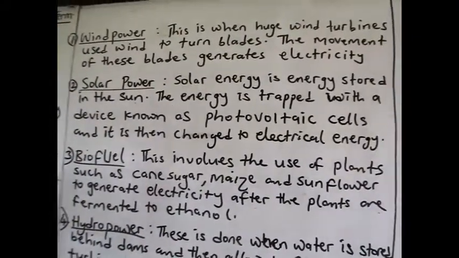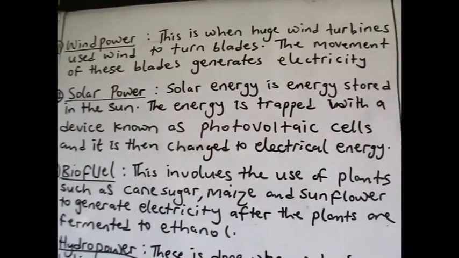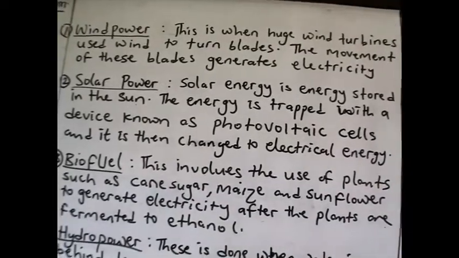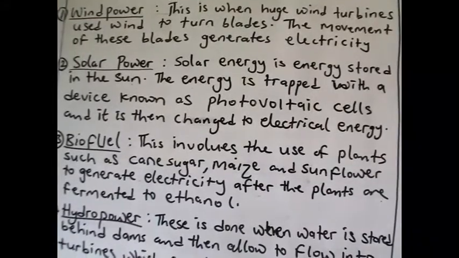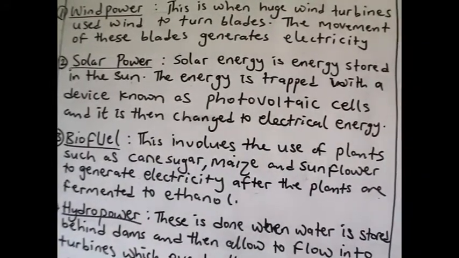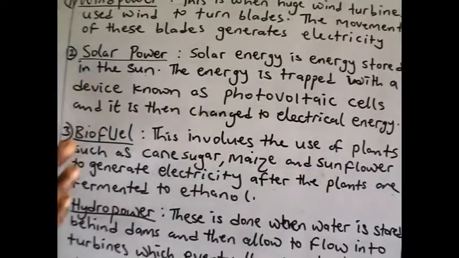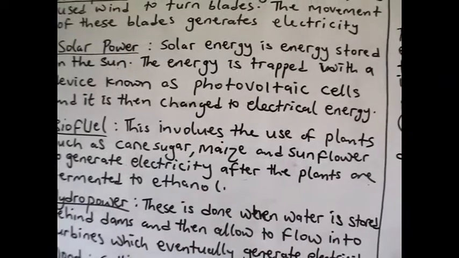Another very common source is the solar power, where we use sunlight. As the sun is shining as it is now, there is a panel known as a photovoltaic cell.